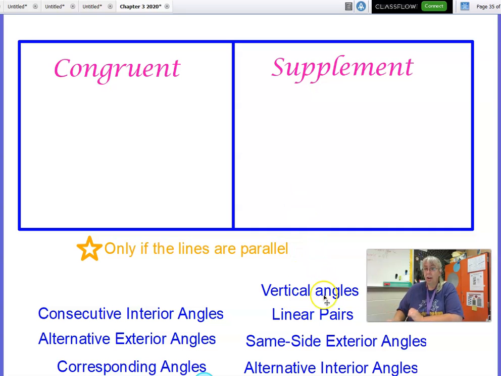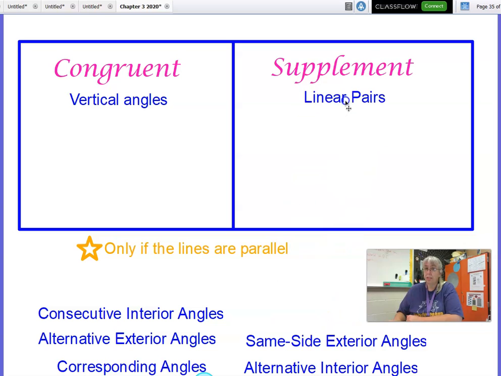Okay. Now, if they are vertical angles, they will always be congruent. And if they are linear pairs, they will always be supplements. Now, these remaining 5 will either be congruent or supplements if you have parallel lines.